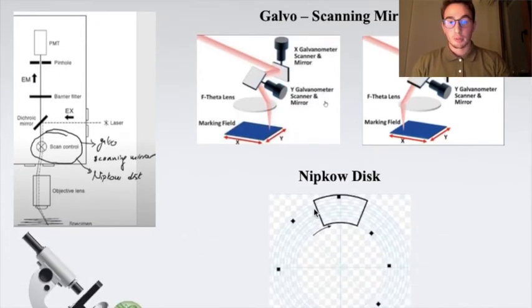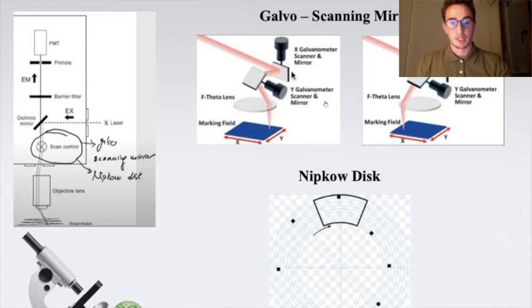So let's move on to the principle. As you see, this is the scan control. We can choose it depending on the usage. The Galvo scanning mirror is seen in these photographs. You can move the laser beam on the XY plane, the marking field, as you see.